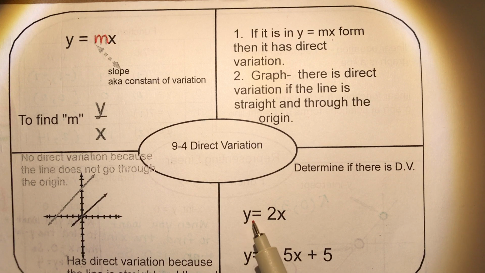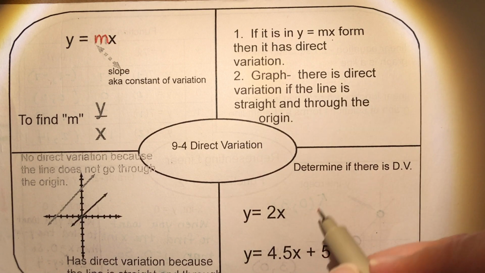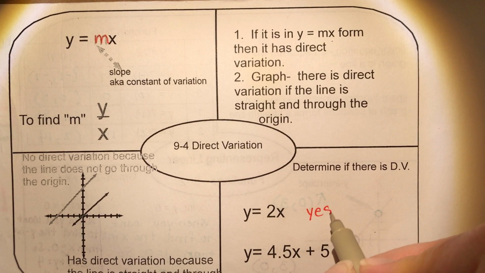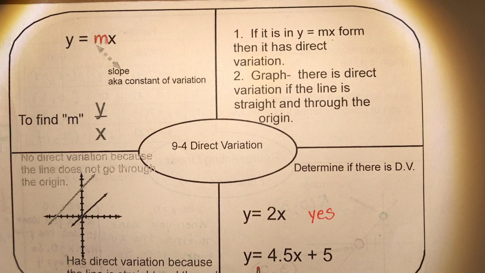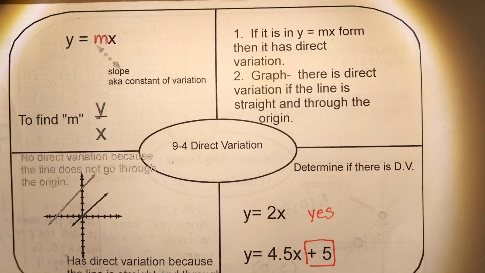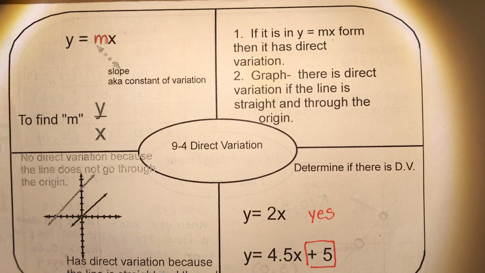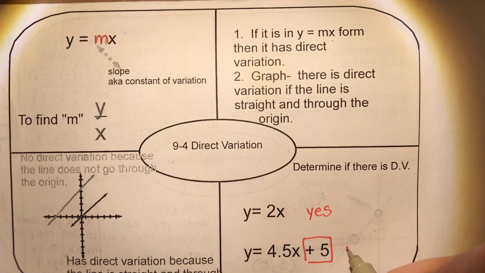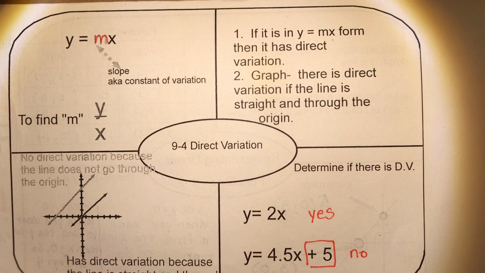Because it is in the y equals mx form, we would say yes. If I look at this equation here, y equals, and then here's my slope, it would be mx plus something. The minute you start to add something, it's going to change it, and no longer will it be direct variation. So this answer is no.